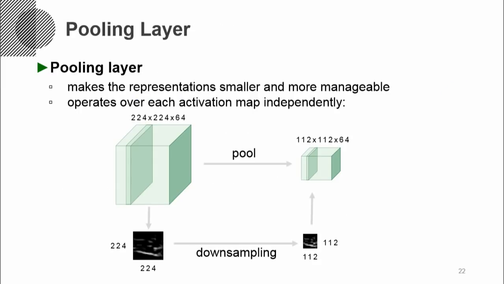Okay, and then let's consider a pooling layer, paying careful attention to the depths. Suppose this is our activation map. The width and height were 224 by 224, and we have a depth of 64. The max pooling, or this pooling layer, will be applied to each depth of an image.